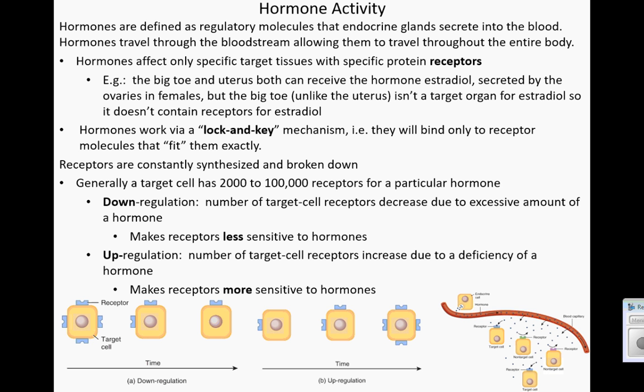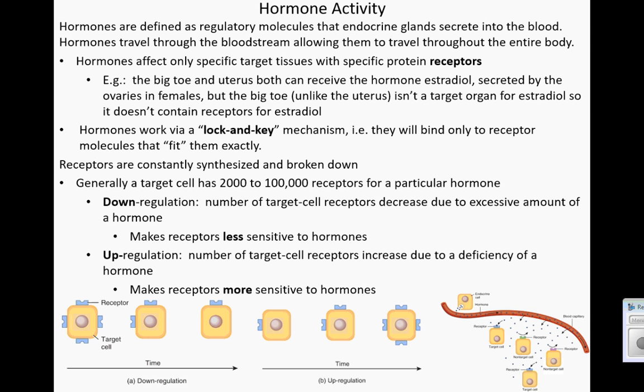Like we show down here on the bottom right, where we've got the hormones from the endocrine cell traveling in the bloodstream, exiting the bloodstream, and only being able to interact with the cells that have the specific receptors. Non-target cells, you can see with the green receptor and the purple receptor, are not the correct shapes. A lock and key mechanism that exists.